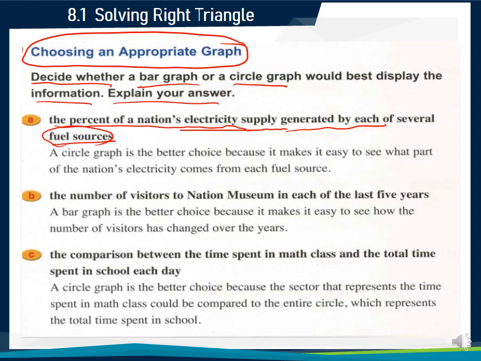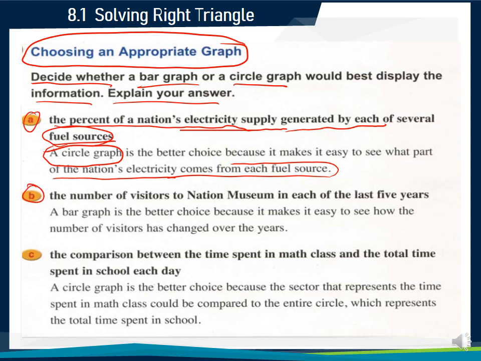So we can say a circle graph is the better choice because what? Because it makes it easy to see what part of the nation's electricity comes from each fuel source. In here it does not change according to time, just for showing the electricity supply. So we are going to use what? Circle graph.